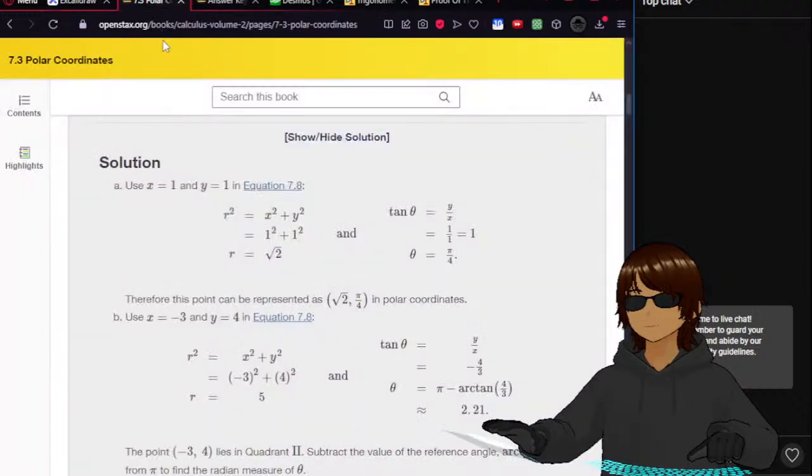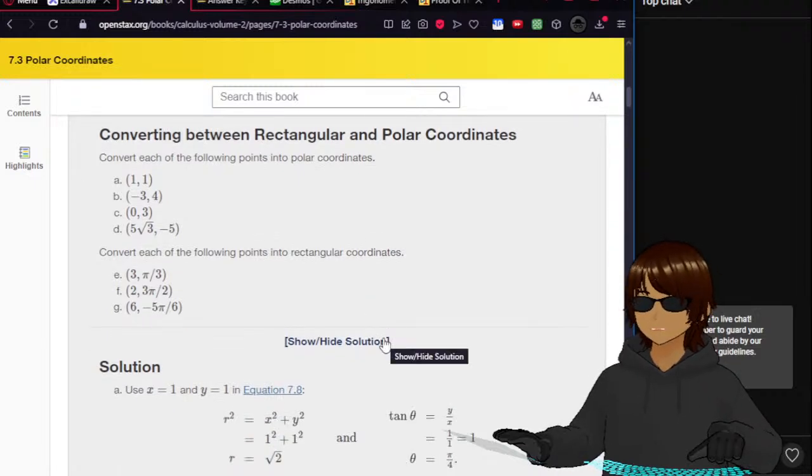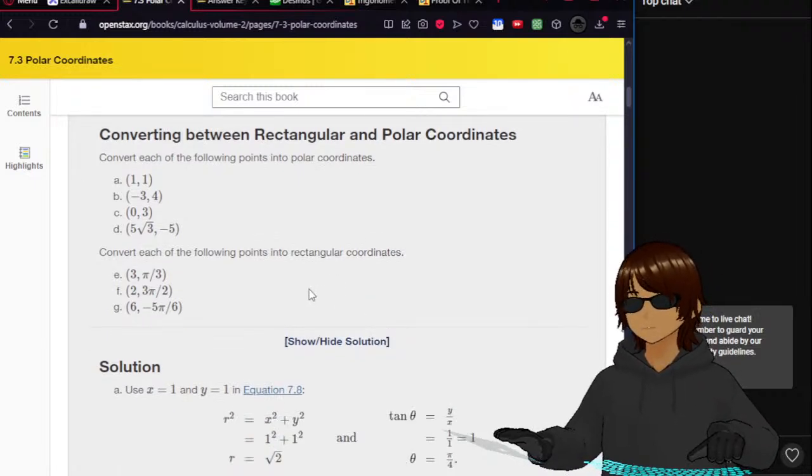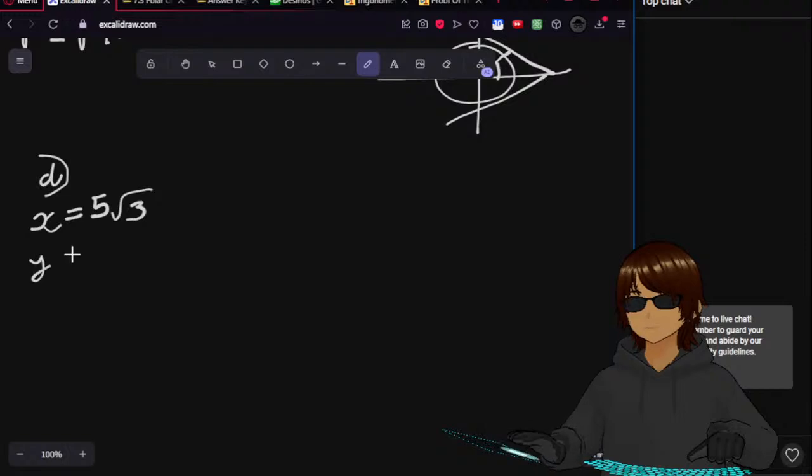So that's why they're adding pi. 2.21. Let's try 5 root 3, minus 5. X is 5 root 3, y is minus 5.